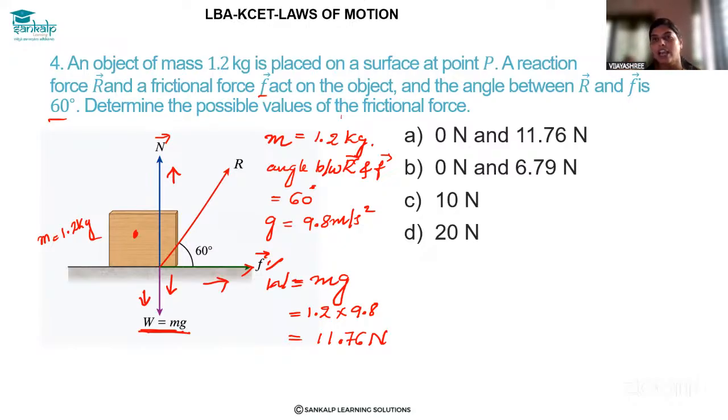The resultant of the normal reaction and frictional force will be the reaction force, as I already told you. Reaction force is nothing but the resultant of the normal reaction and frictional force acting along the surface. The angle between them is 60 degree.